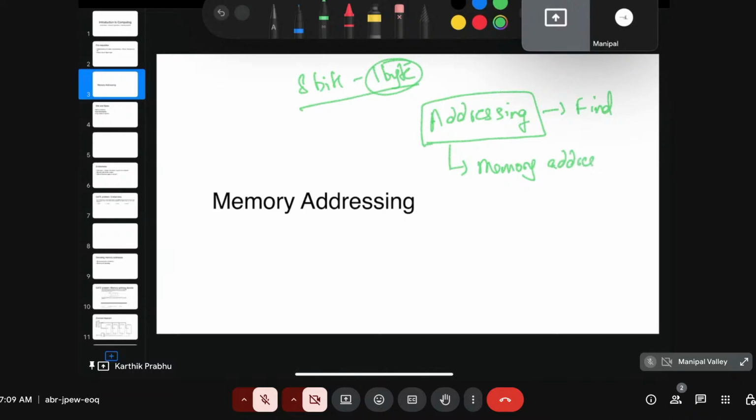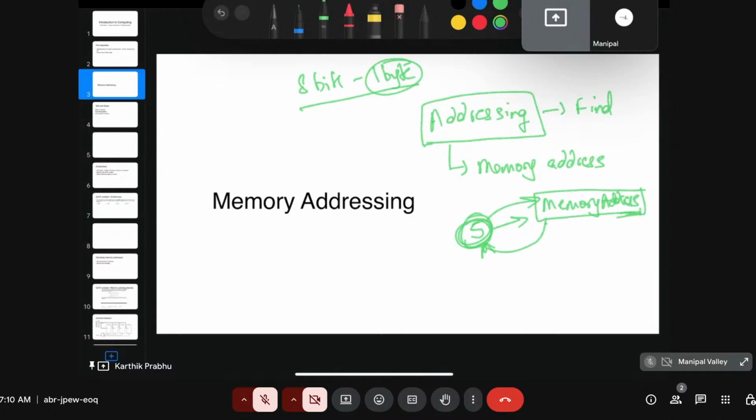So let's say if I want to find byte 5 in the full memory, I need to have some memory address which the CPU, or whatever system is handling memory, can read, go to that location, the fifth location, find whatever memory is inside that and return it back. So that is the main use case of memory address. Every byte of information should have a unique memory address.